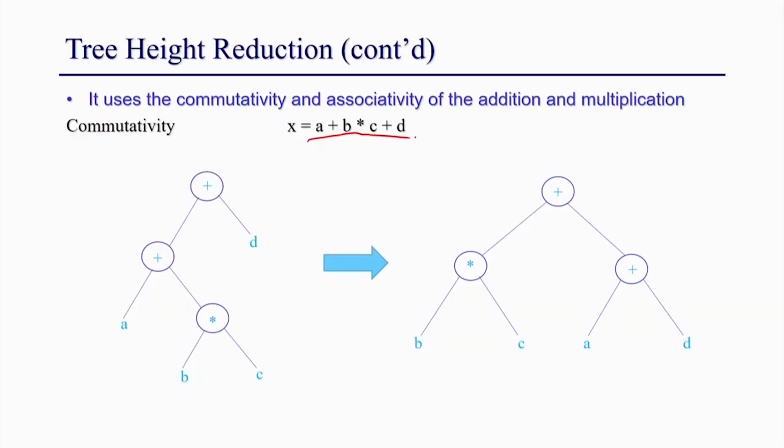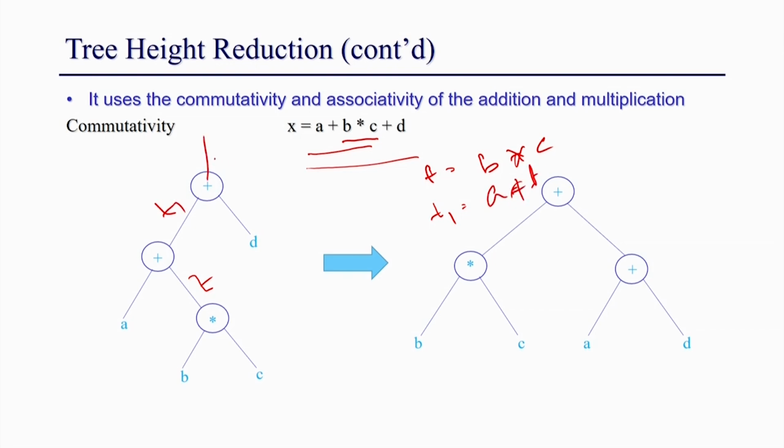So here are some examples. For example, you have a plus b star c. In this case you have to execute the multiplication first, because it has the higher precedence, then you can do the additions. So b star c is happening here, so t equal to b star c, then t1 equal to a plus t, and then finally x equal to t1 plus t.